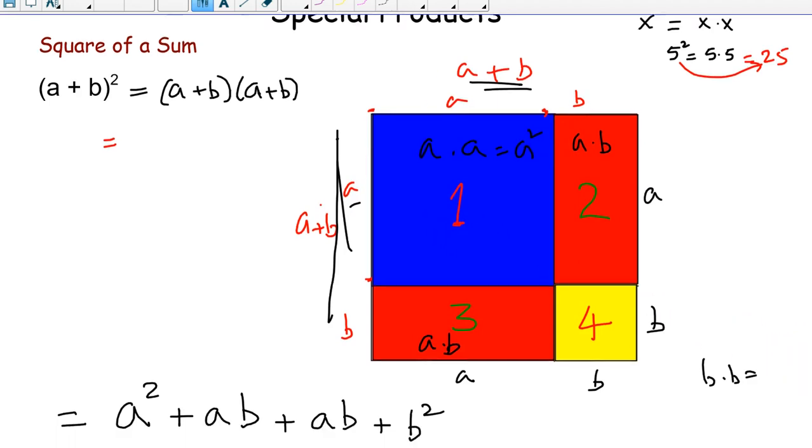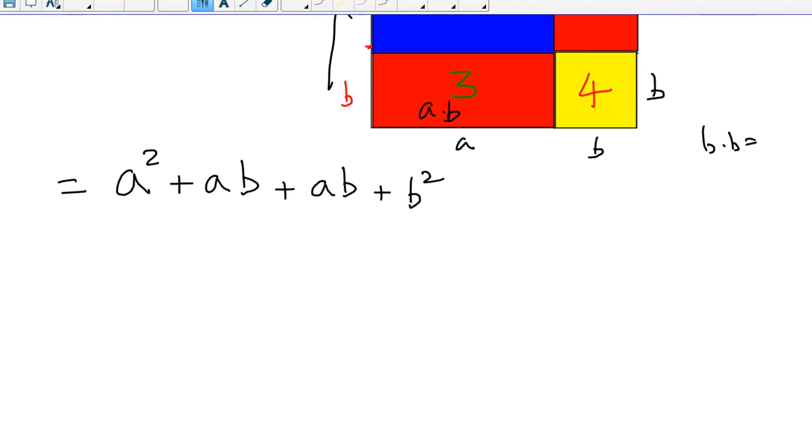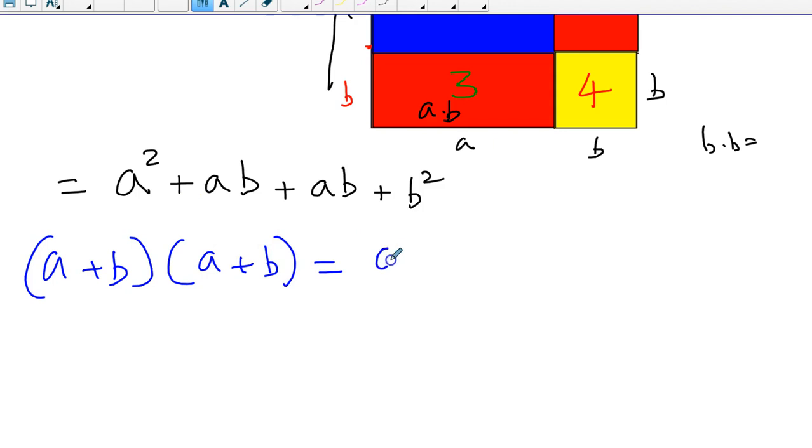So now on my left hand side, I will write those two sides, that is (a plus b) times (a plus b) is equal to what? a square plus, that is the first square, the second rectangle is ab, the third rectangle is ab, and the fourth square is b square. Let us simplify now.